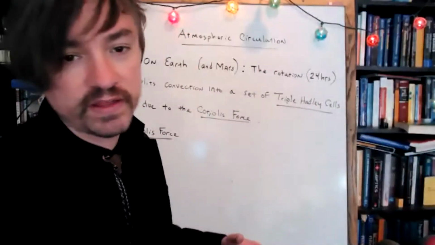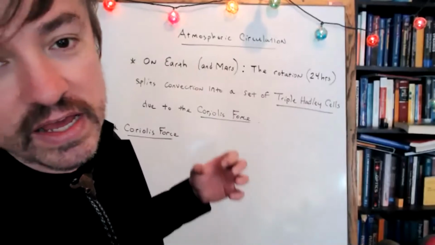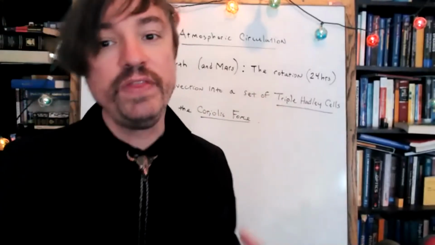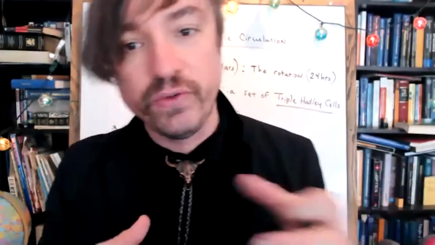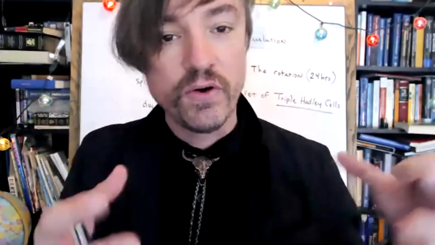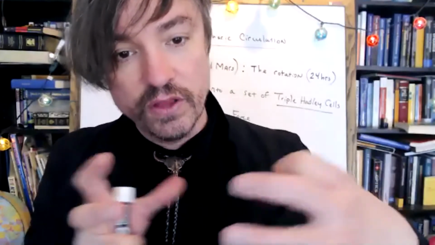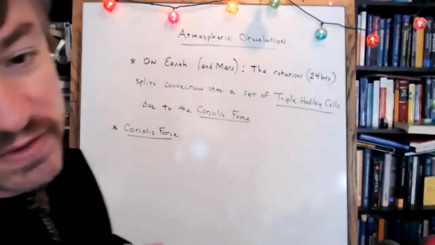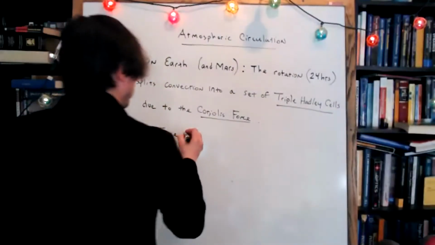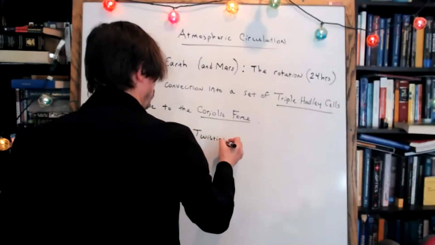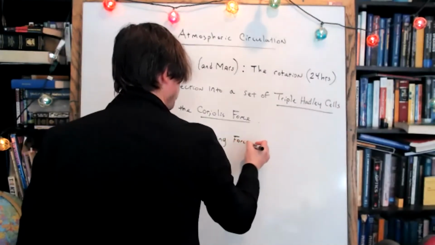There are forces, fake forces, that show up in rotational coordinate systems. And these forces are not really due to gravity or friction or some kind of fundamental force. They're due instead to the act of rotating itself, which creates accelerations. So the Coriolis force could be described as a twisting force.